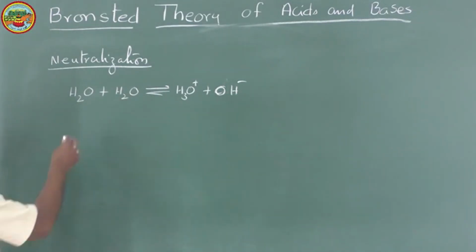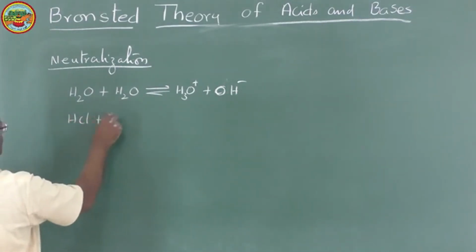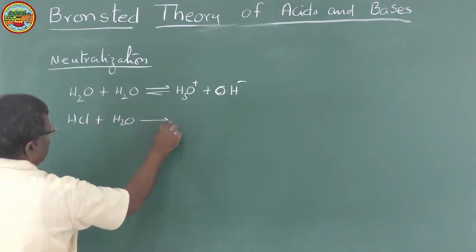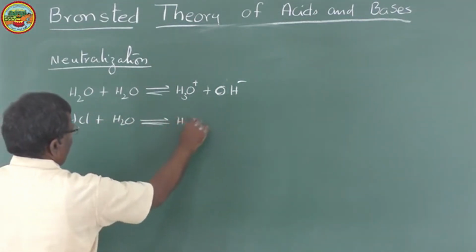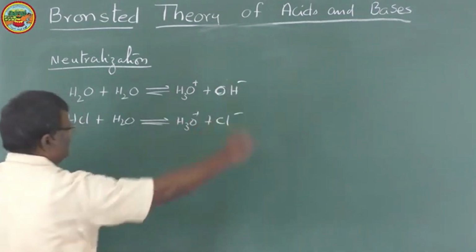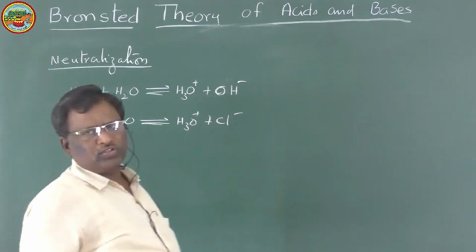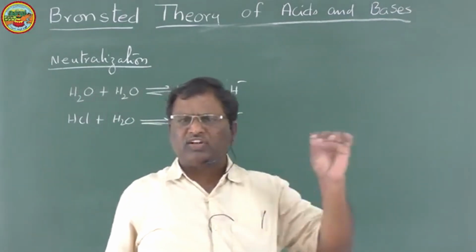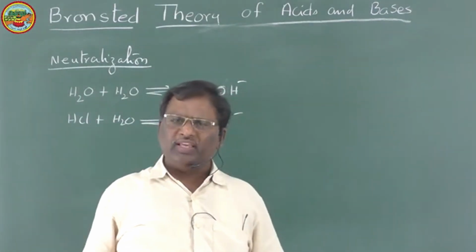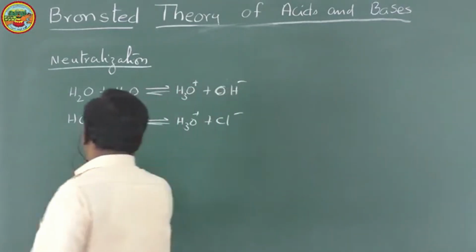Or any other reaction, HCl plus H2O leads to H3O plus and Cl minus. This is also a neutralization reaction. So according to Bronsted theory, simple transfer of proton from acid to base is a neutralization reaction.